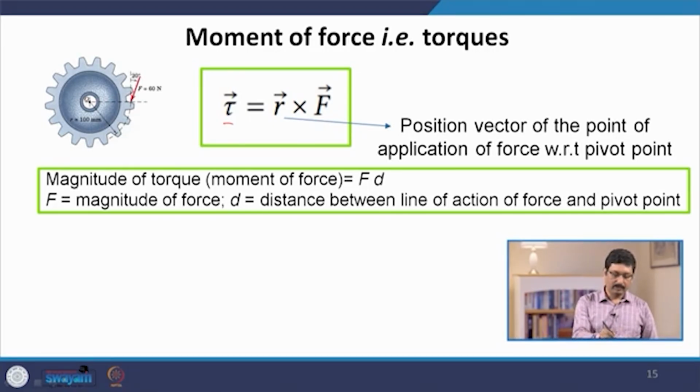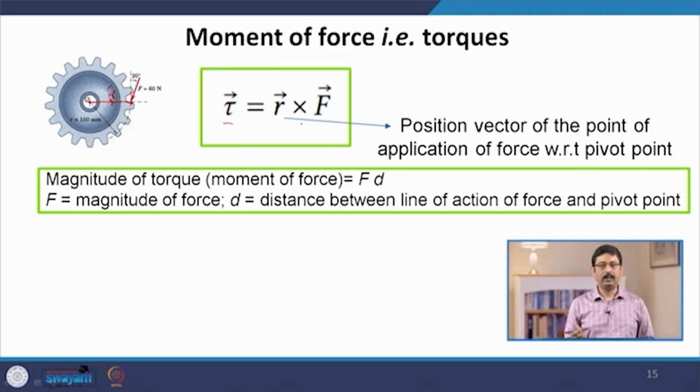There is a force applied on the edge of the wheel in a certain direction as represented by this red arrow, and O is the pivot point about which the wheel is rotating. R represents the position vector of the point of application of the force, and the torque is defined by the cross product between R and the force F.